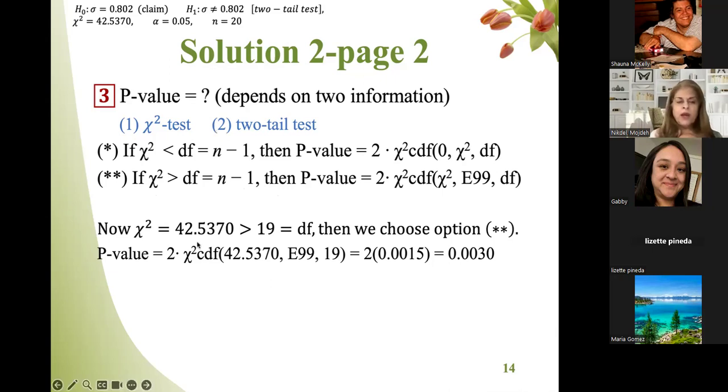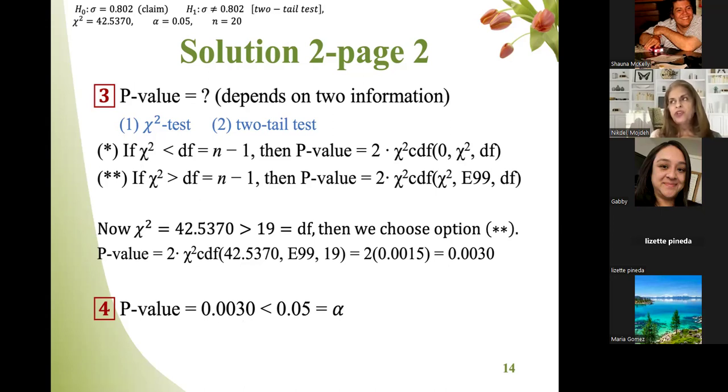Okay. Now I have to decide to reject or not reject null. To do that, I compare my p-value with my alpha. P-value is 0.0030, alpha is 0.05. I see that 0.0030 is smaller than alpha.